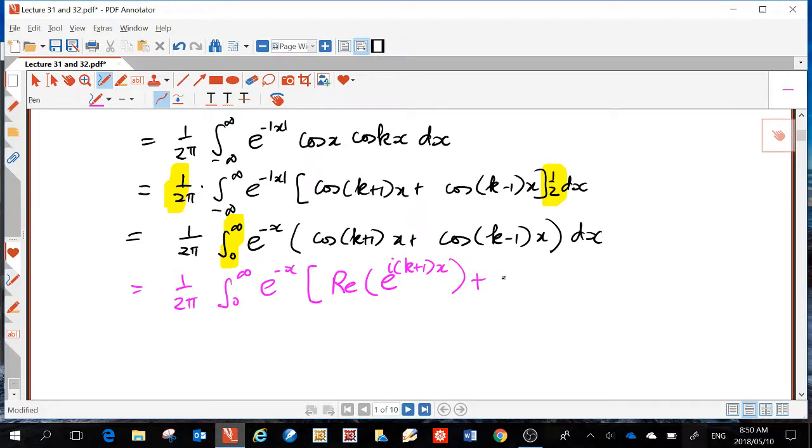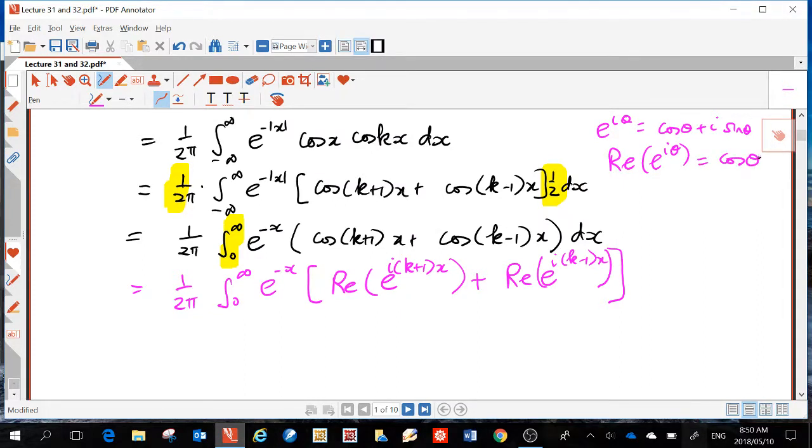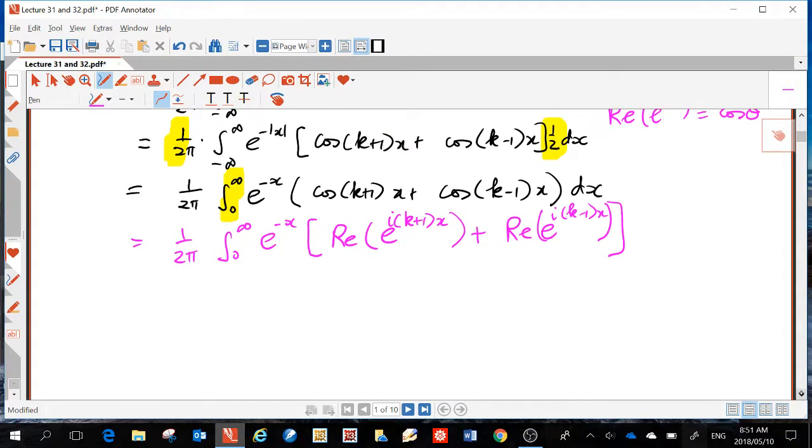And the cosine (k minus 1)x is the real part of e to the i(k minus 1)x. So remember, e to the i theta is cos theta plus i sine theta. That's Euler's theorem. The real part of e to the i theta is just cos theta. I'm saying it backwards: cos of (k plus 1)x is the real part of e to the i(k plus 1)x. I'm using the same result there. And now I can put this real part outside using the principal value idea, which we dealt with in the previous lecture.